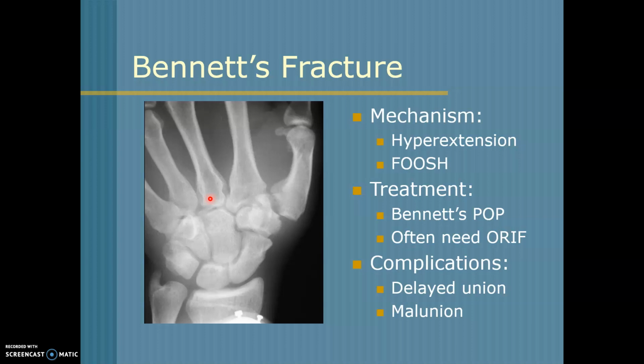It can be a very unstable fracture because the abductor pollicis longus attaches to that part of the thumb, and with avulsion, the carpometacarpal joint of the thumb becomes unstable and tends to sublux. So this can be treated with a Bennett's plaster, but often needs internal fixation.